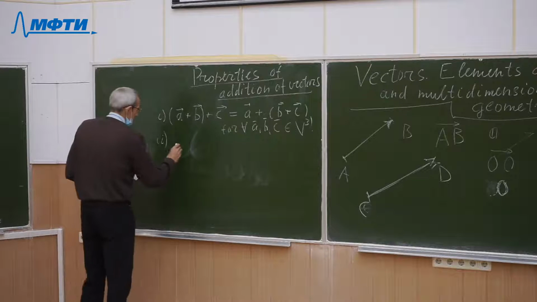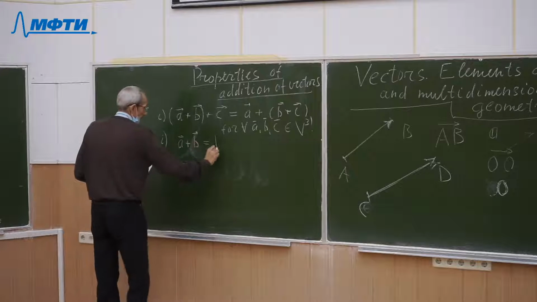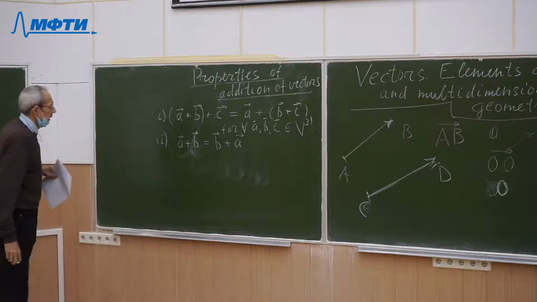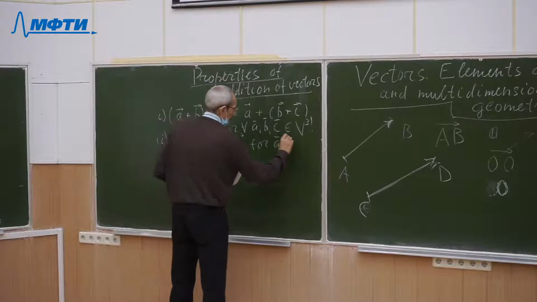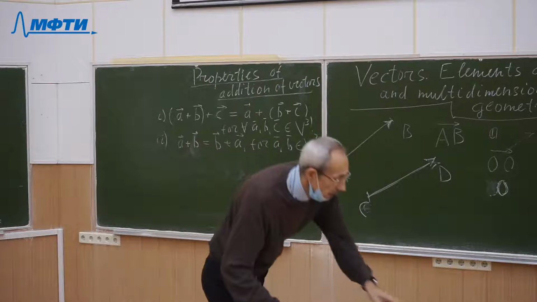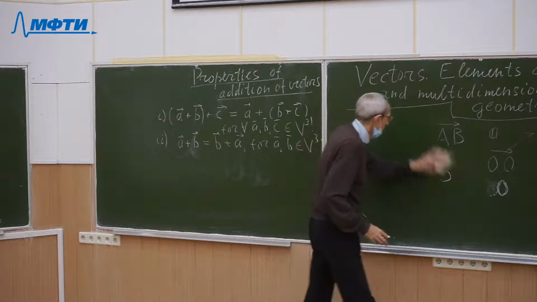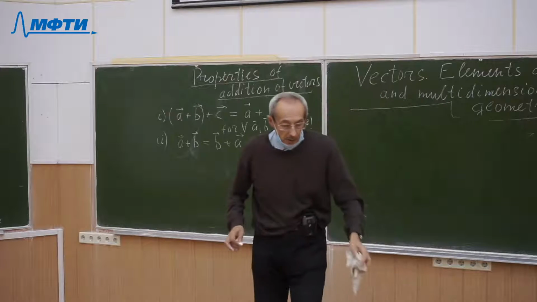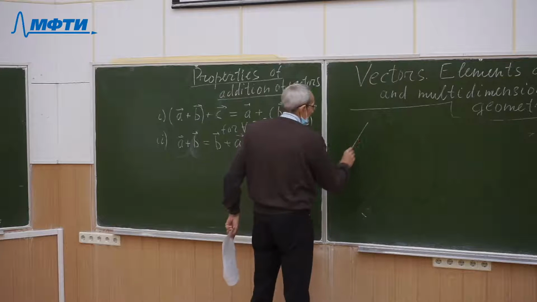The second property is commutativity. For arbitrary u and v, it is easy to prove this property in a geometrical way using these geometrical definitions.